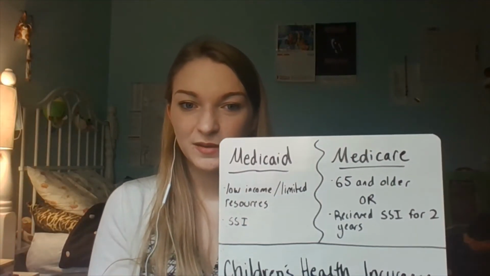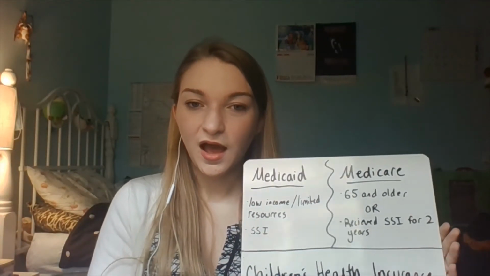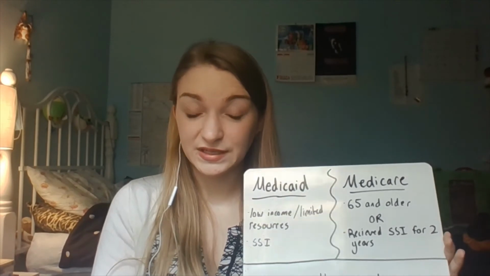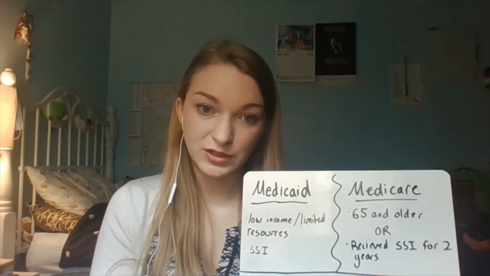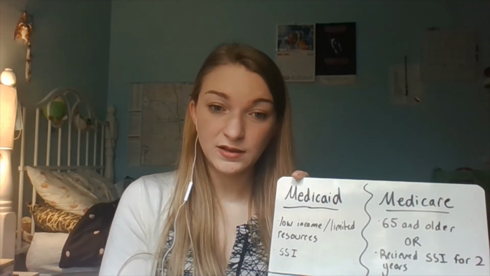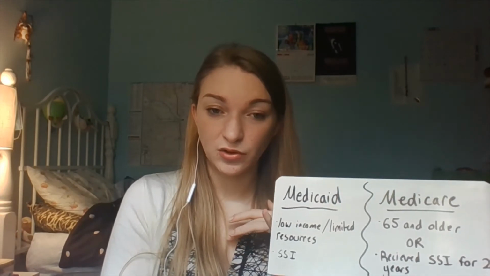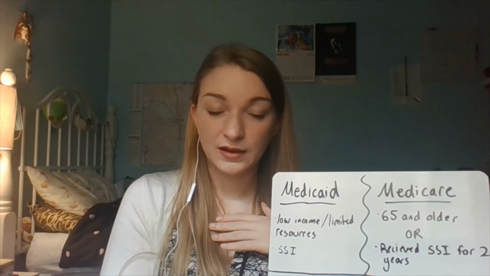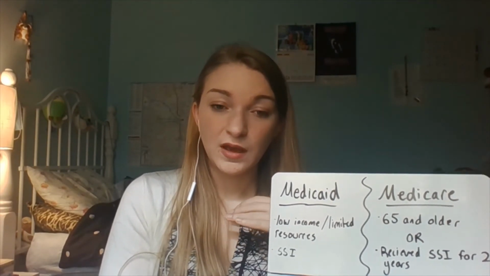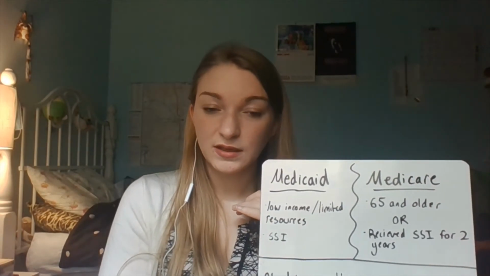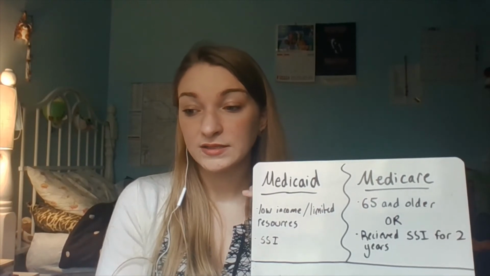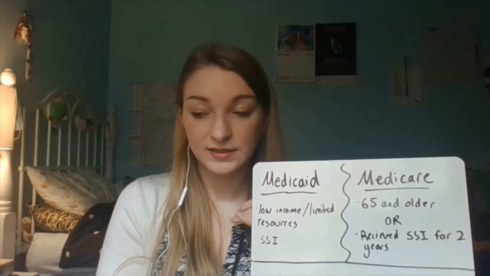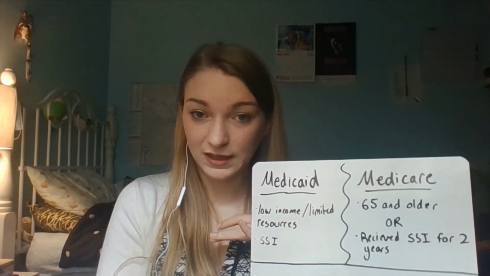So next I'm talking about Medicaid and Medicare. So health services related to the Social Security Administration. I'm going to talk about Medicaid first. Medicaid is for people who are designated as low income and have limited resources. And in most states, if you qualify for SSI payments, so children who get SSI payments are qualifying for Medicaid.